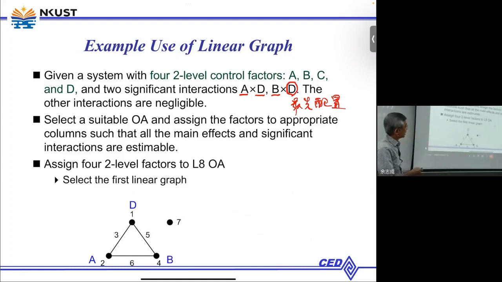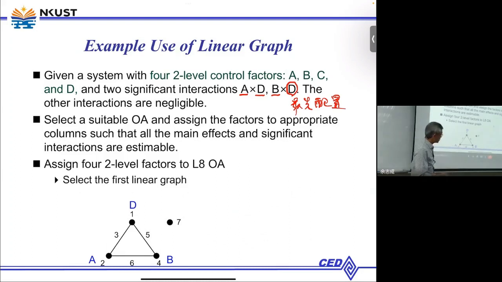Same thing, I put factor B in column 4. Because I put B in 4, the interaction BD can be analyzed in column 5. Since columns 5 and 3 do not appear as dots, I will not assign factors to column 5 or column 3, which makes sure the main effects will not be confounded with two-way interactions.